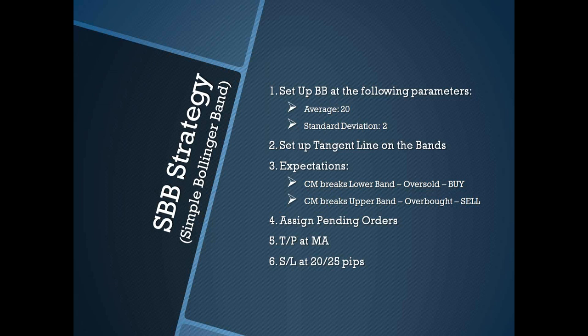Okay, and I think you would be good to go. So for now, this is our simple Bollinger Band strategy. I'm going to give 5 minutes because I prefer that everybody grasp the idea of the SBB strategy before we go to our next strategy, which is not more complicated, but I want you to grasp the main idea of the simple Bollinger Band strategy.